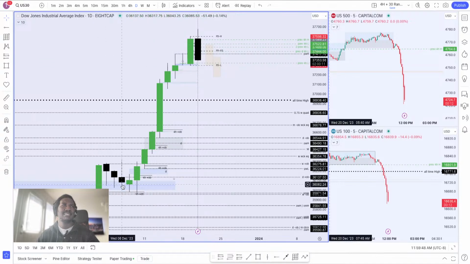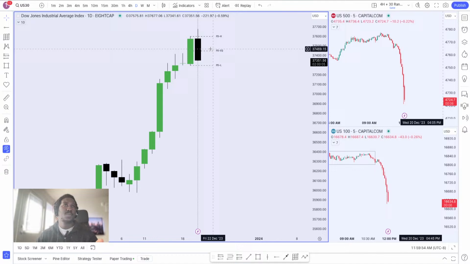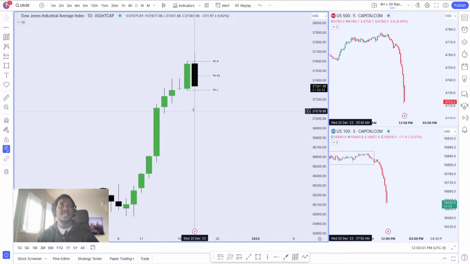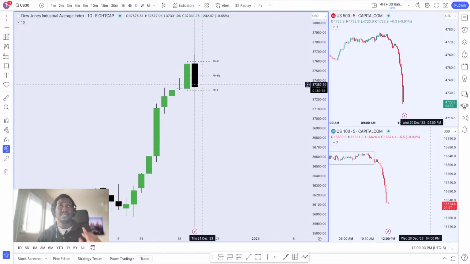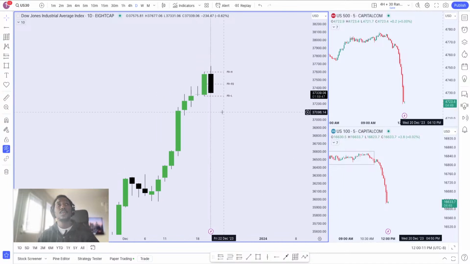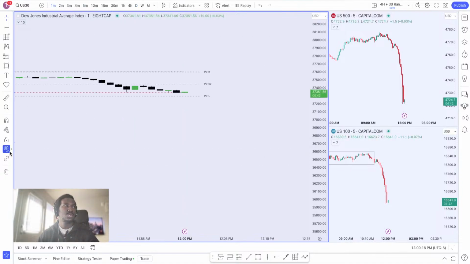I think this down candle on the daily is where we can see us come back down to before we resume going up. But if the next candle is bullish and closes above somewhere here, then we can see a continuation, or we can just start to see some consolidation, which would be nice for my strategy.